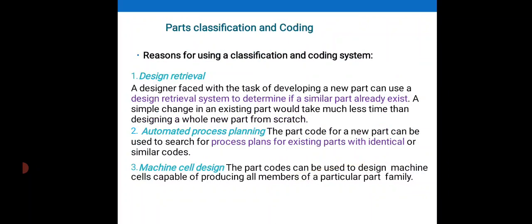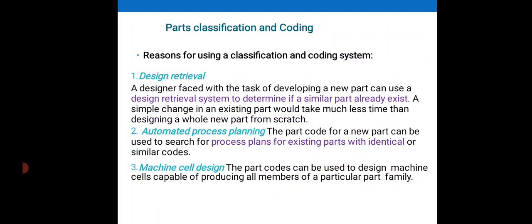Parts classification and coding. Reasons for using the classification and coding system. First one, design retrieval. A designer faced with the task of developing a new part can use the design retrieval system to determine if a similar part already exists. A simple change in an existing part would take much less time than designing a whole new part from scratch.